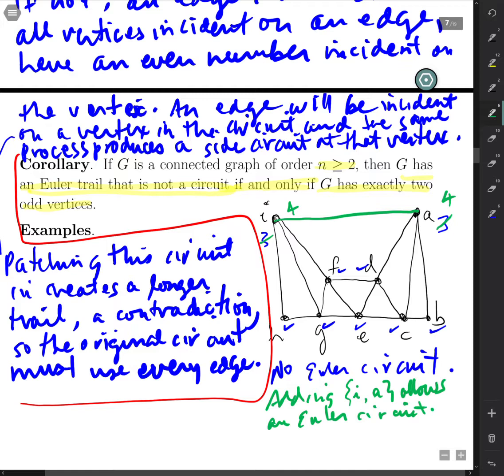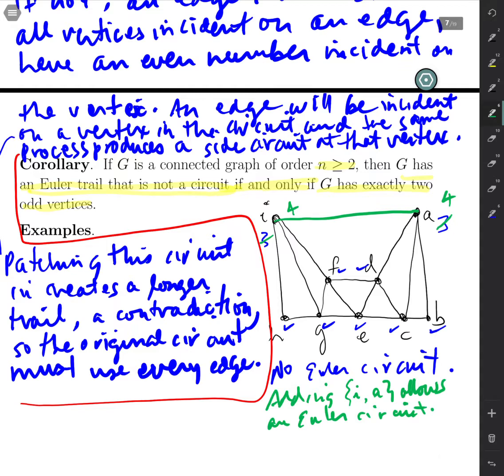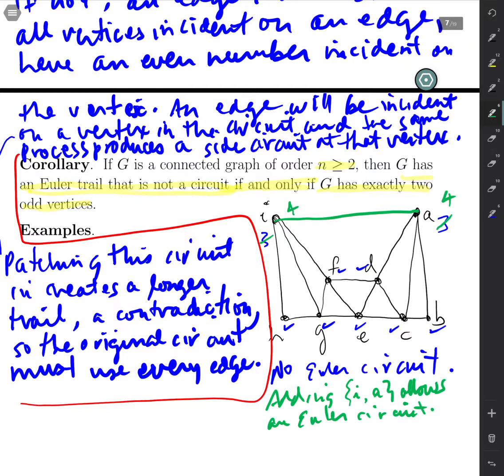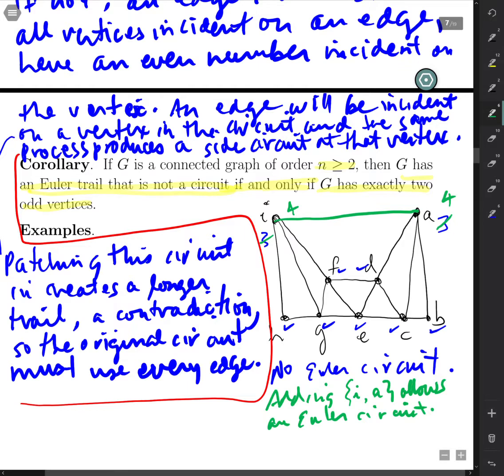In fact, we could even probably figure one out. Let's see if we can do one here. An Euler circuit might do, let's go from A. Let me get the highlighter.